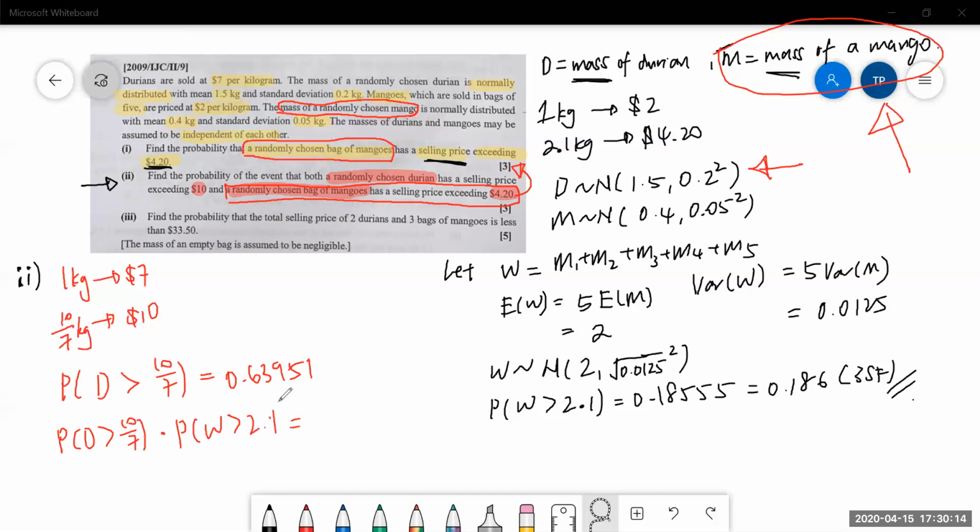So this will be equal to 0.63951 multiplied by 0.18555, which is equal to 0.11866. So it's equal to 0.119.